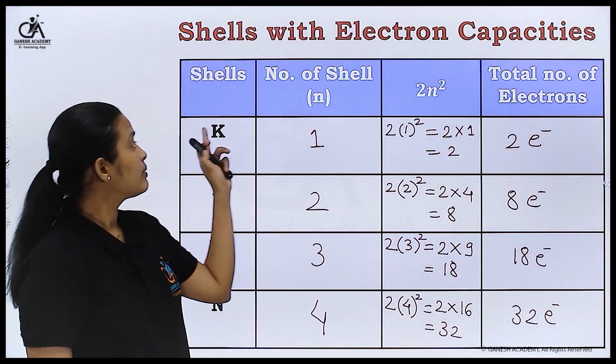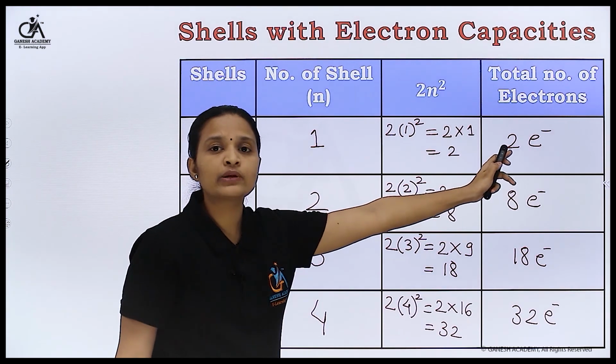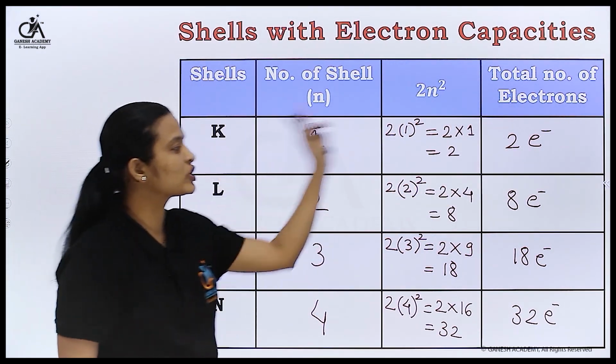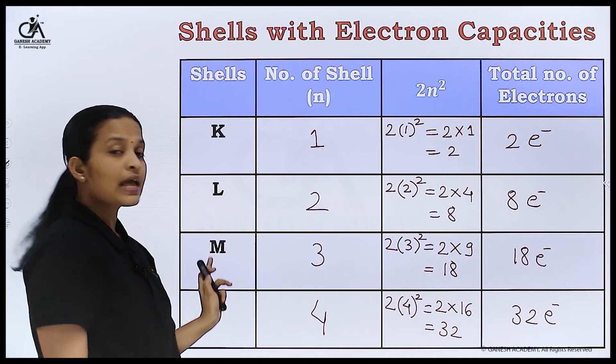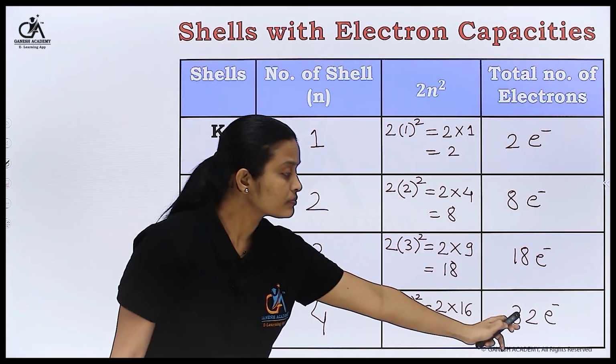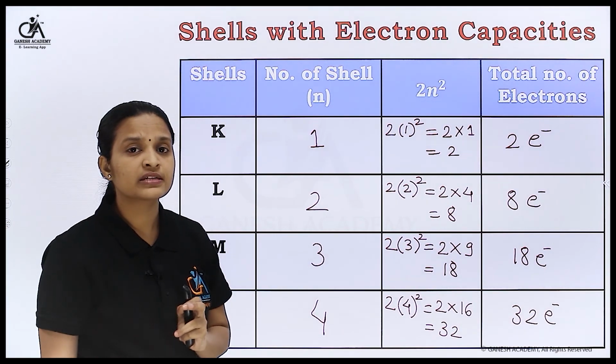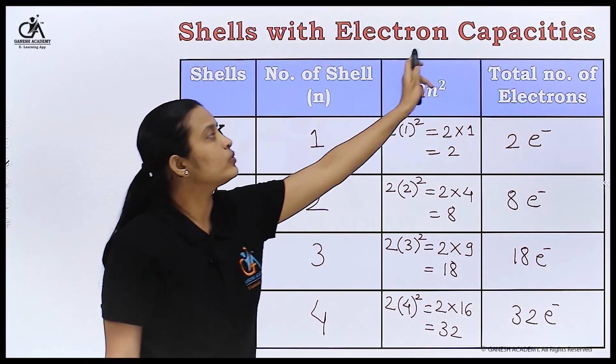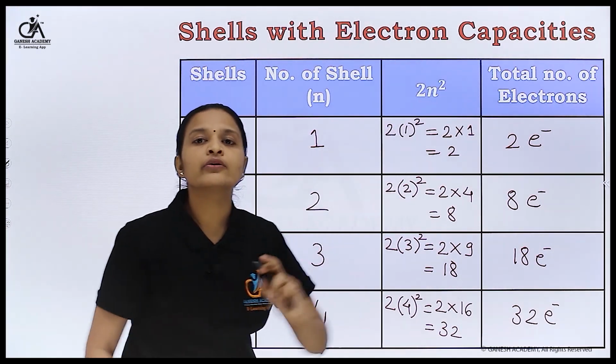So, got it? The first shell has only 2 electron capacity, the second shell 8 electron capacity, the M shell 18 electron capacity and the N shell 32 electron capacity. This is according to the 2n square rule.